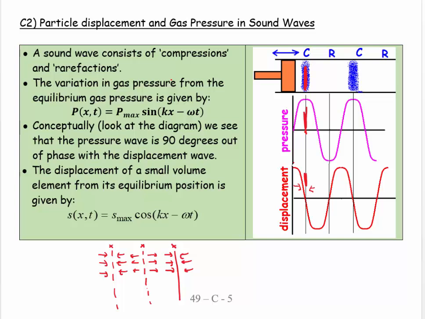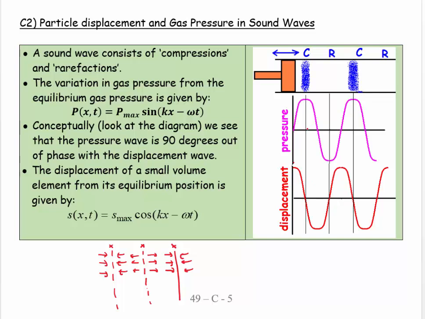So what I get, let me just clean this up a bit, is two graphs. I get a pressure versus position graph and a displacement of the particles versus position graph. One of them looks like a sine curve and the other one looks like a cosine curve.